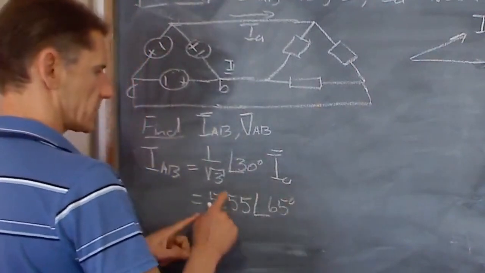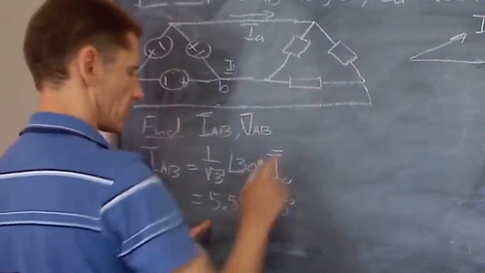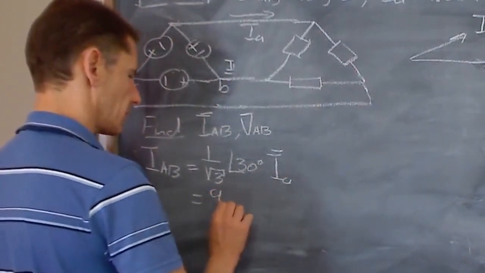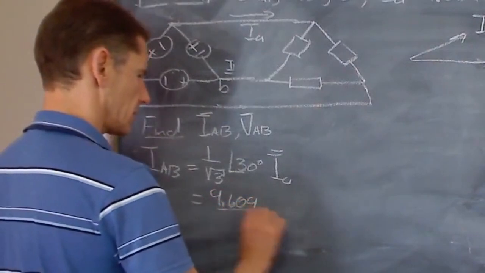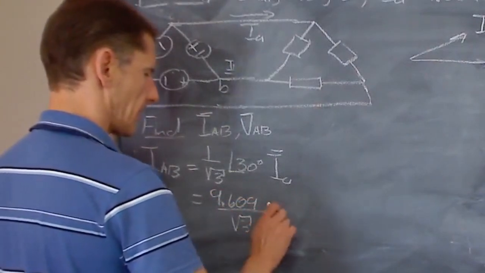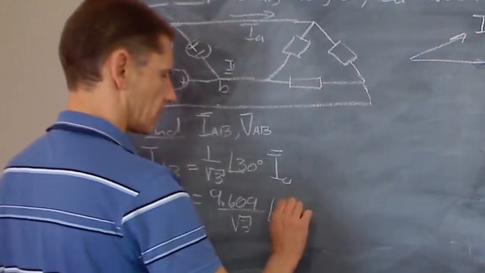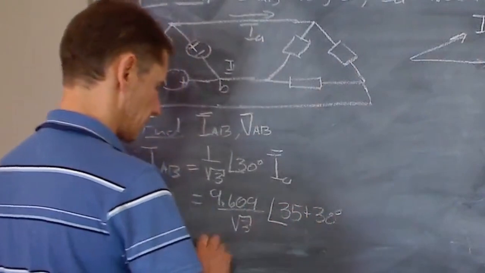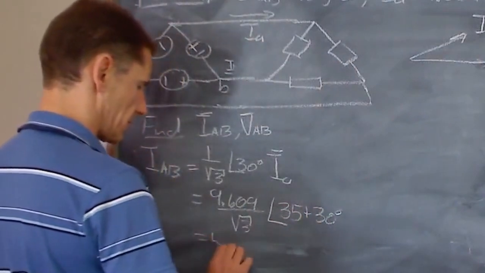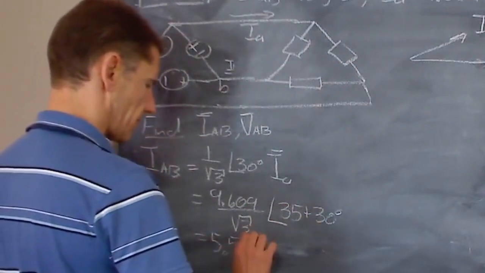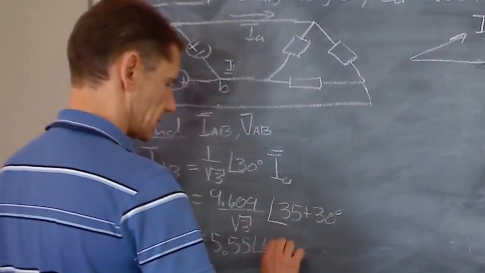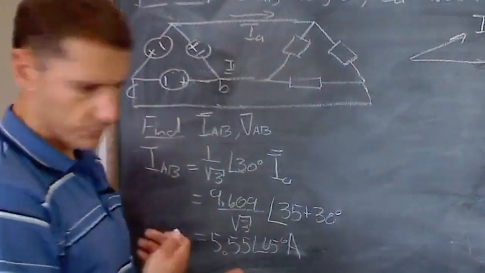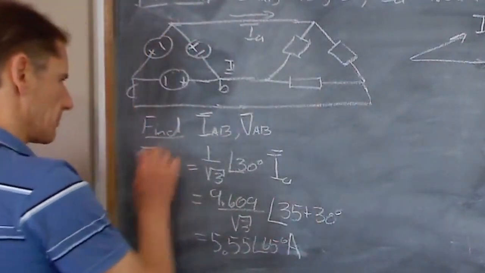So I've just taken 9.609 divided by root 3, and then I have to take that angle, 35, and add another 30 degrees to it, and that gives me 5.55 angle 65 degrees amps. So that's the quickest way to get to IAB.